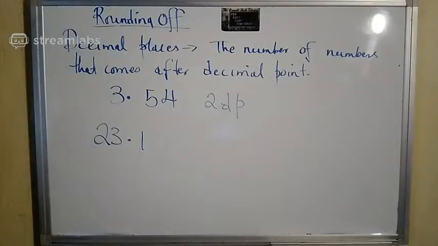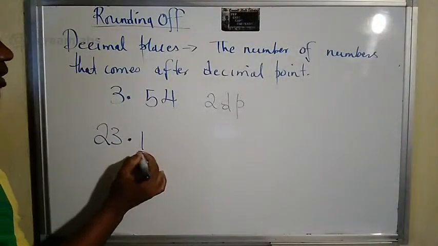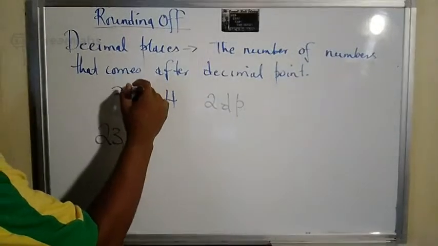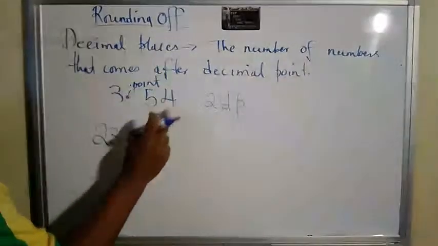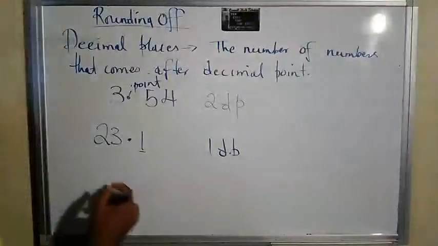Decimal places. 2? No, 1, because it's defined as how many numbers come after the decimal point. So this is the decimal point, and after the decimal point you count them: 1. So this is 1 decimal place. Let me check it now.